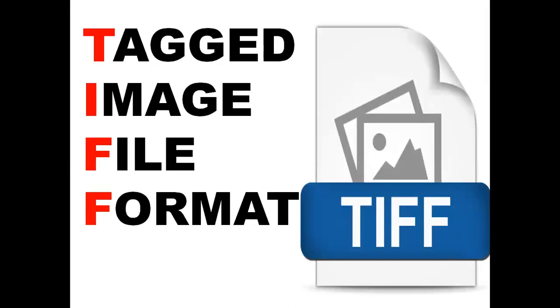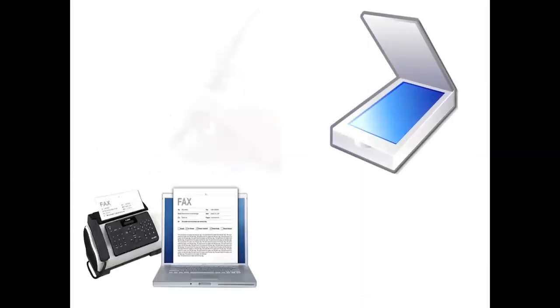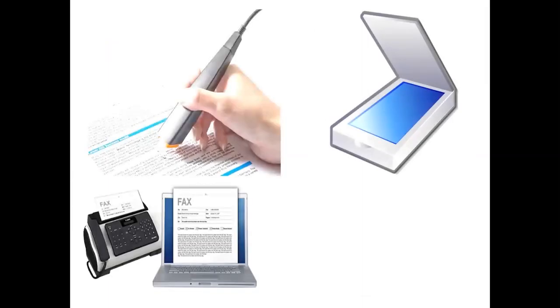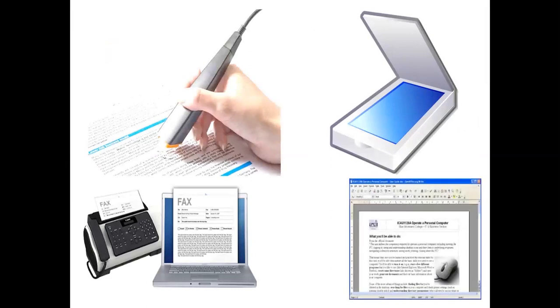The next format is image format. The first image format you're going to learn is TIFF. It stands for Tagged Image File Format. When you look at your slide, I have shown you some objects: fax machine, computer, word reading, scanner, OCR.